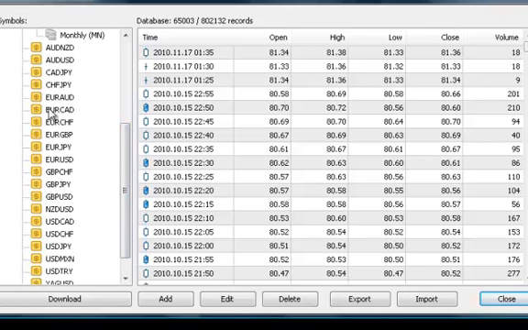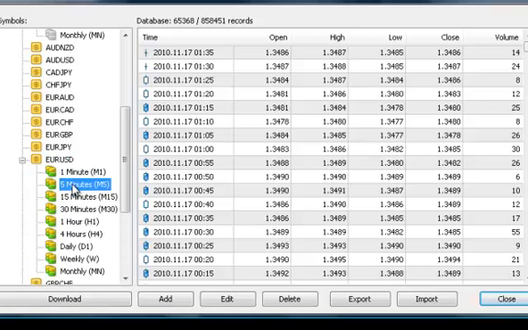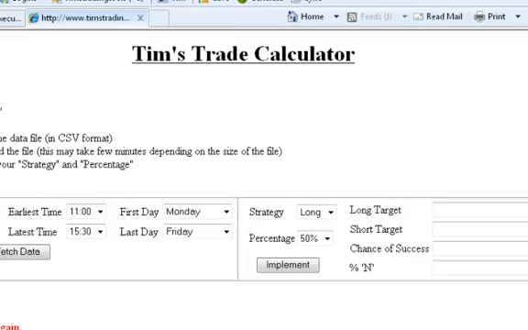In this case, I used the euro dollar and the 5-minute chart, and then I hit export, which I've already done. You save it to your desktop or wherever you want, so you know where to get it. That's what we're going to import into the trading tool.